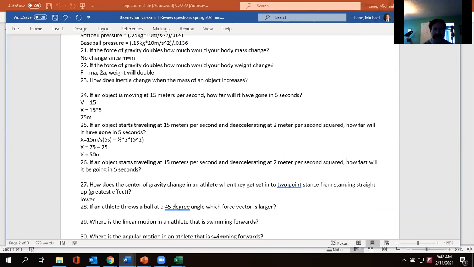So instead, we're going to take 15, and this can be minus 2 times 5. So effectively, it's going to be 5 meters per second. We have our initial velocity, and then it's going to be plus the acceleration times time equals the current velocity.